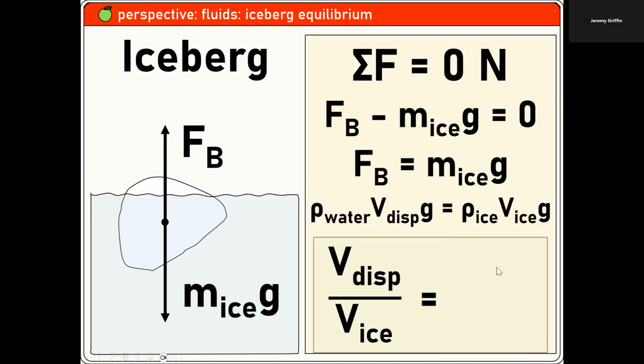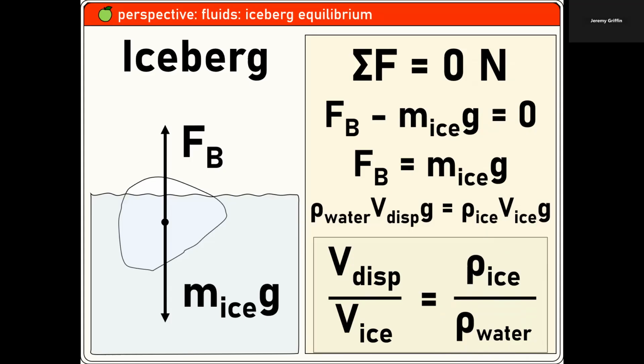And then you rearrange the other variables, and what's the final answer? This is what goes right here: density of ice over water. There you go. So, for example, if this iceberg is floating, what's more dense, the ice or the water?